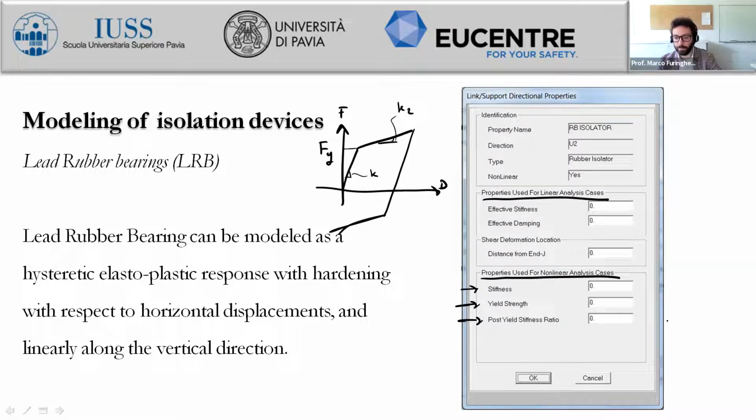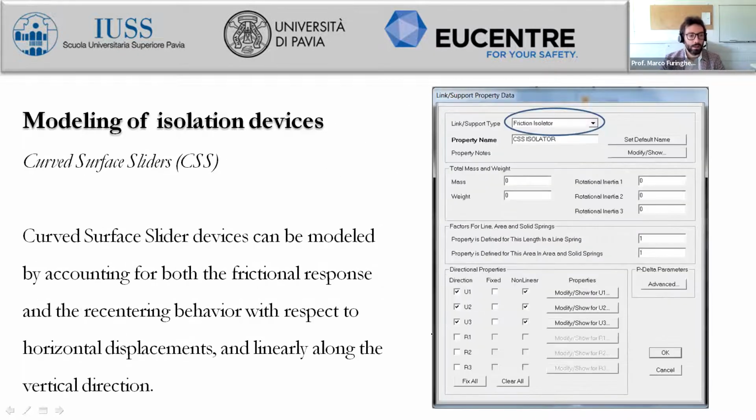So the stiffness is K, the yield strength is Fy, and the post-yield stiffness ratio is K2 over K. Once we set these mechanical properties, we have exactly the hysteretic behavior for lead rubber bearings.